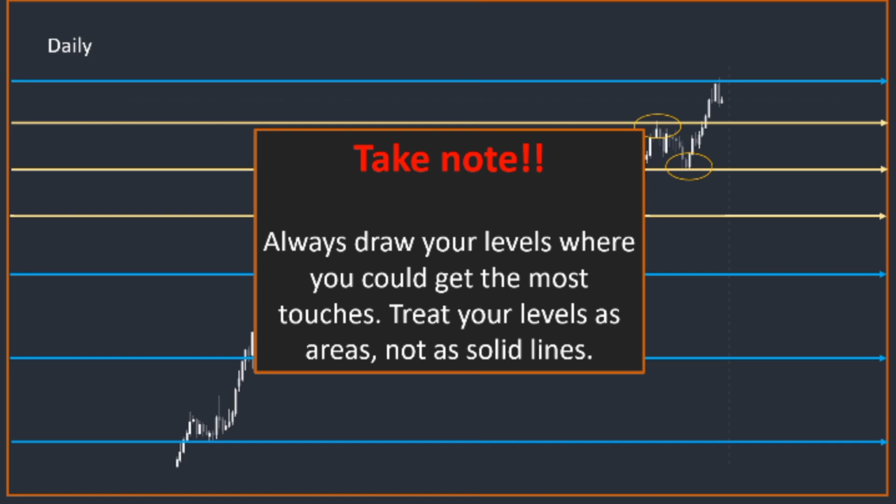This is very important, guys. These are areas, not solid lines, because price could easily spike up or spike down with a long wick, and then from there just continue with the direction. So you want to treat your levels as areas instead of solid lines.